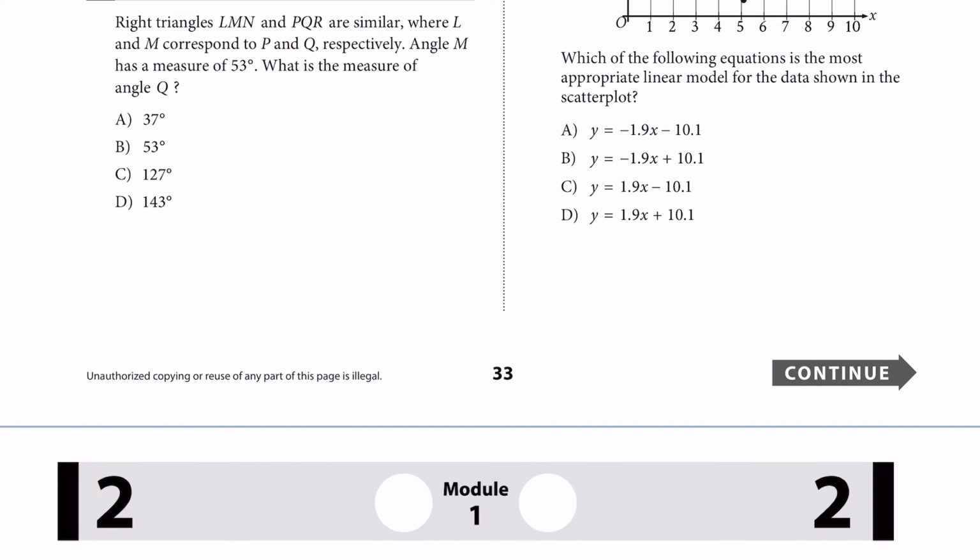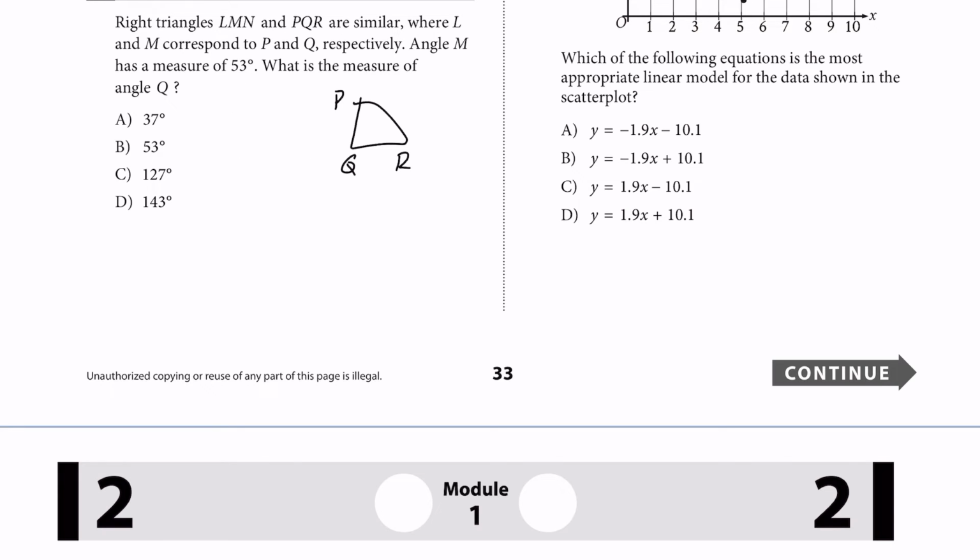Right triangles L, M, N and P, Q, R are similar, where L and M correspond to P and Q respectively. So let's do L, M, N and P, Q, R. We know that angle M has a measure of 53. So angle M is actually not the right angle.